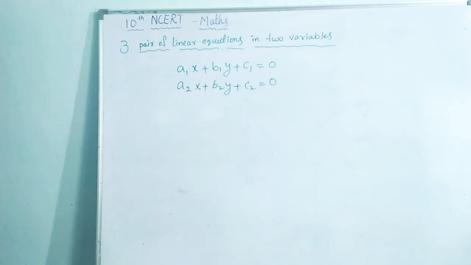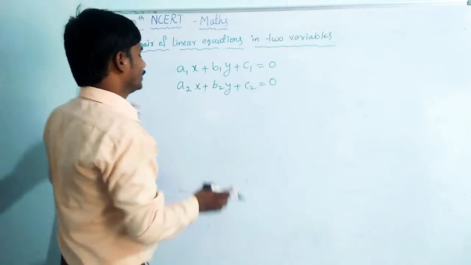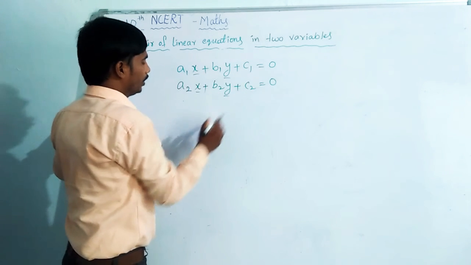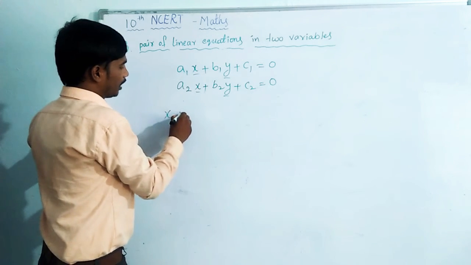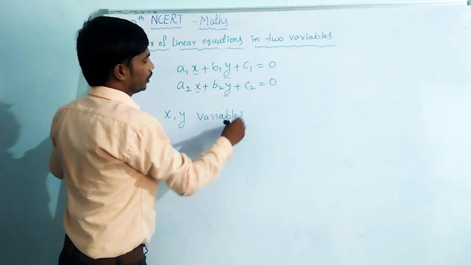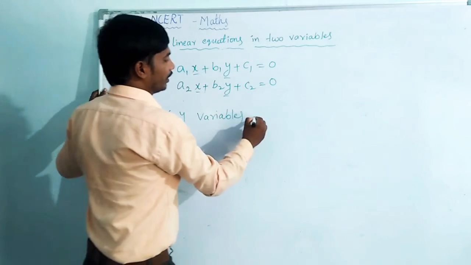So a1x plus b1y plus c1 equal to 0 and a2x plus b2y plus c2 equal to 0. See children, consider here x and y values only as variables. Don't consider a, b, c as variables here.